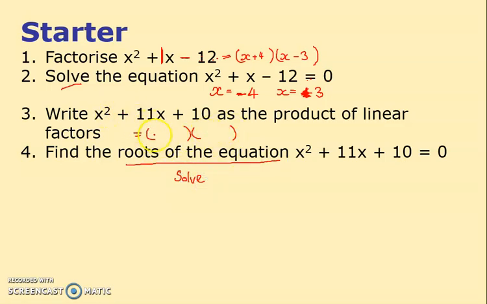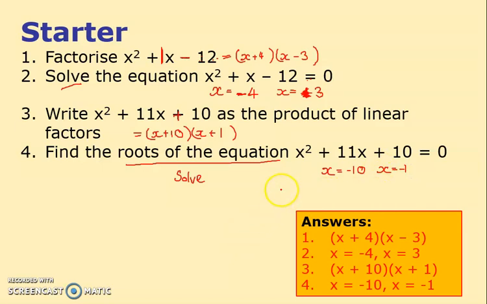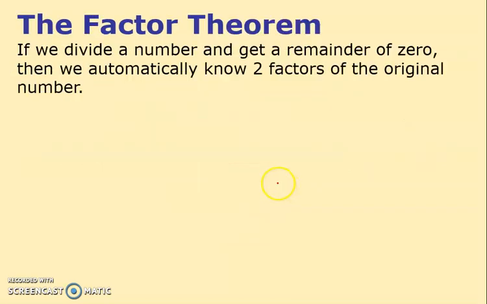So anyway, when I did this, I thought x plus 10, x plus 1. Notice now it says plus at the end, so I'm adding them to get 11x. And therefore my answer should be x equals minus 10 and x equals minus 1. So hopefully that's what I've got. Yes, I did.